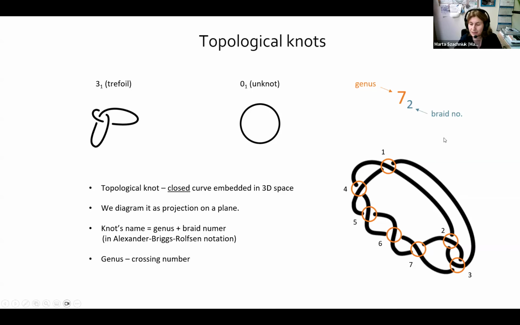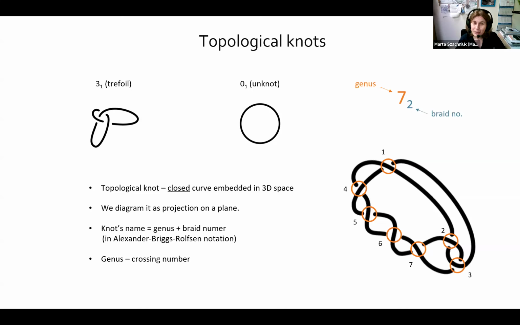So we can have at least 2 different types of topological knots with a crossing number 7. You can see here also on a slide an unknot. That is a simple closed curve without any crossings. So we can also say it is the 0-1 knot.